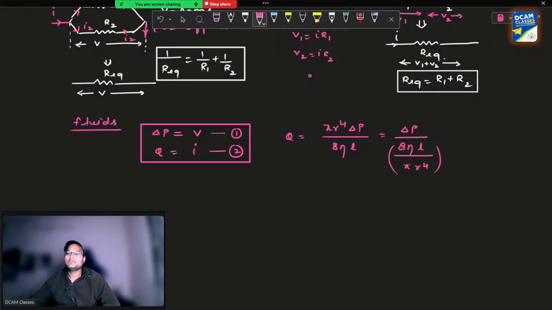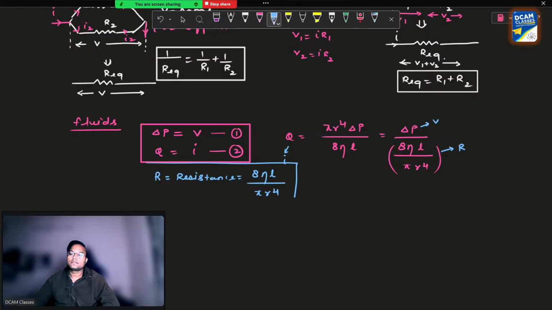It's similar to, because delta P is equated with V, voltage, this should be equated with R, because Q is I. So in fluid, when delta P is V, Q is I, then resistance R will be equated with 8 eta L by pi r power 4.